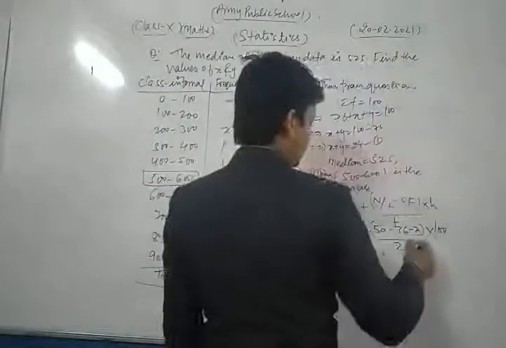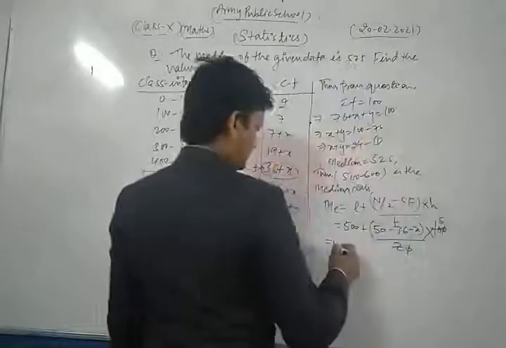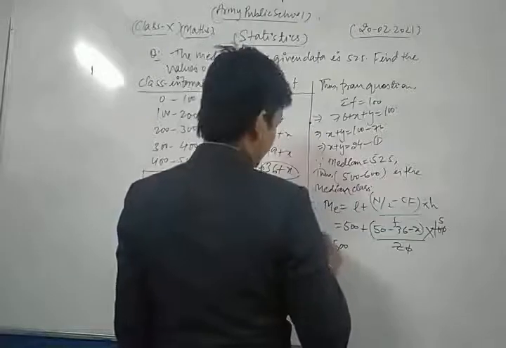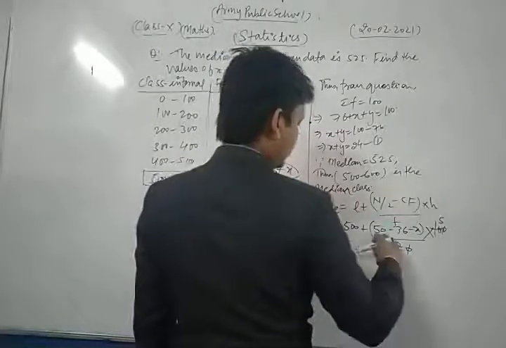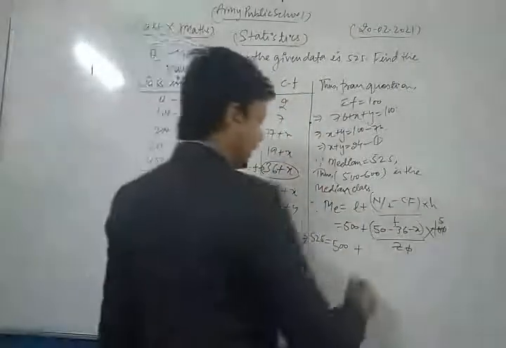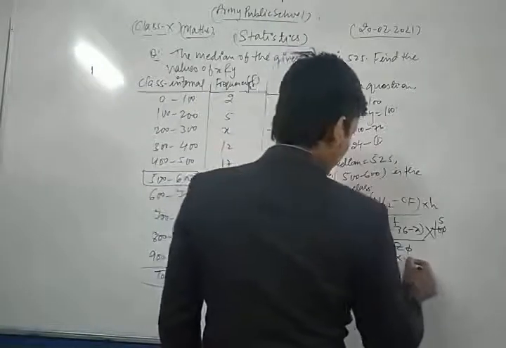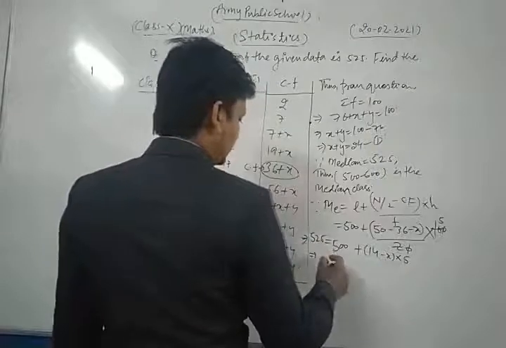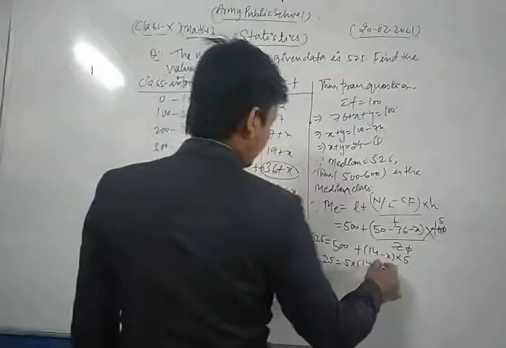Now let's see, 2 0 2 cancel, 2 0 2 5 10, that is the median, we put as 525. So 500 plus 50 minus 36. The 50 minus 36 is 14, here this is 40 minus x into 5. Now we transfer that side, so 525 minus 500, that is 25 is left, that is 5 into 14 minus x.